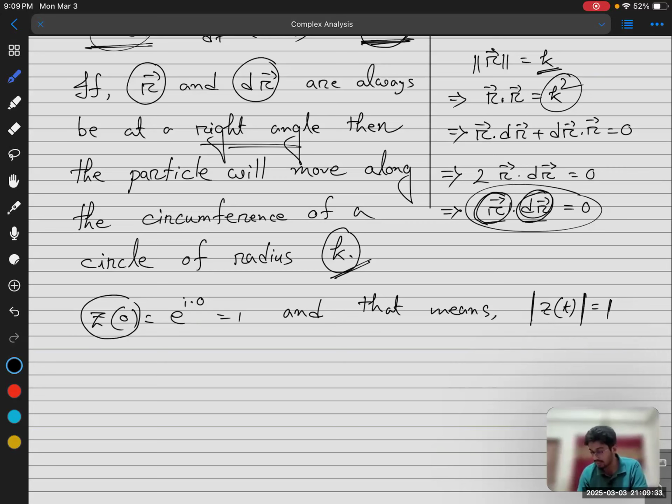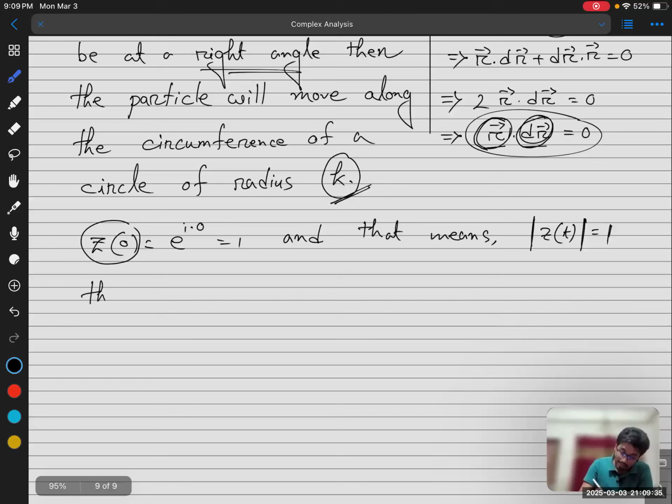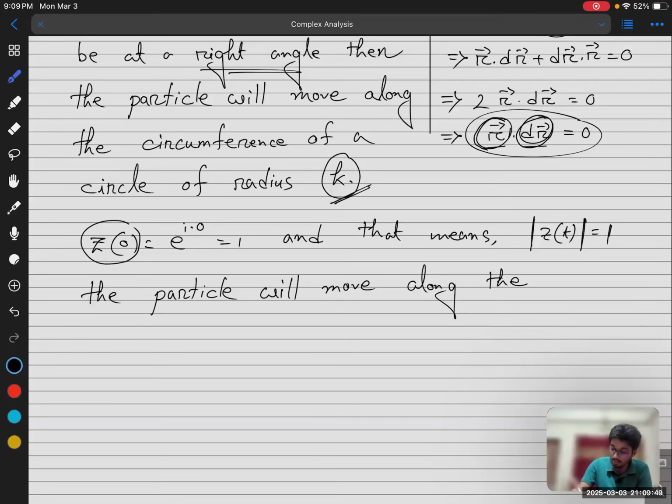So what does that mean? That means that the particle will move along the circumference of the circle of radius 1.